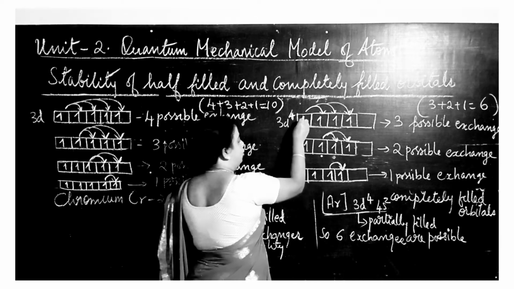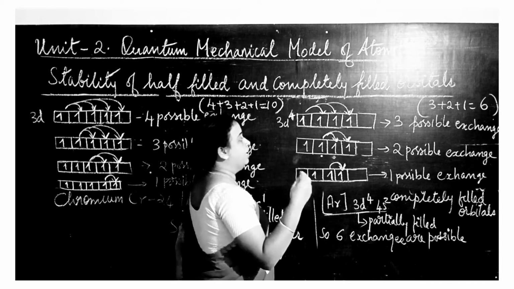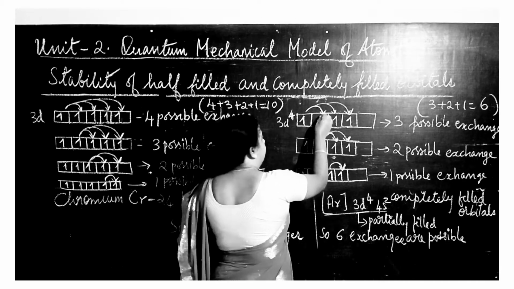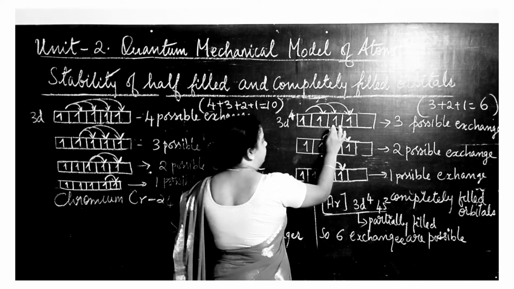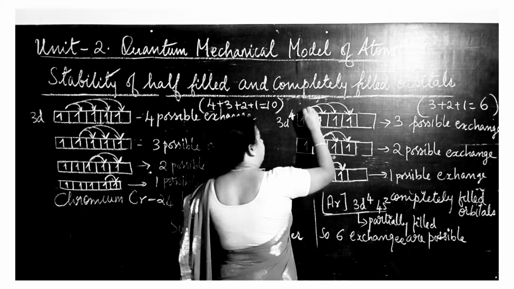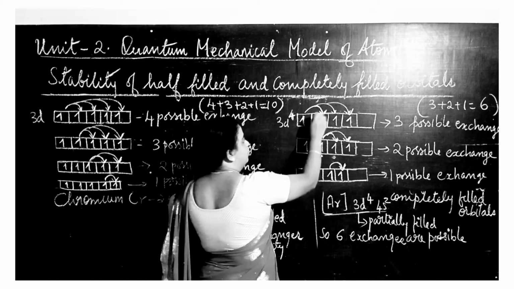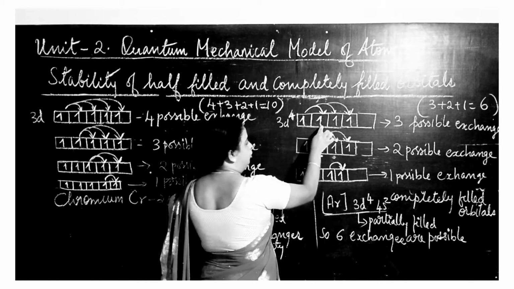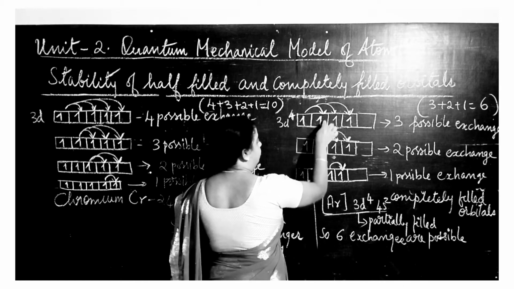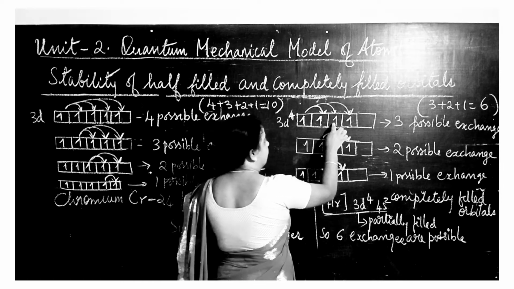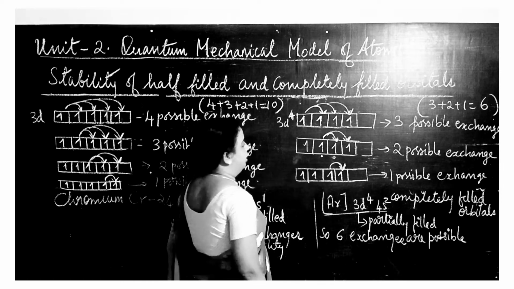The first electron can exchange its position to this orbital, this one or this one. So this arrow mark is indicating the change in the position of the first electron. So 3 possible exchanges are there.